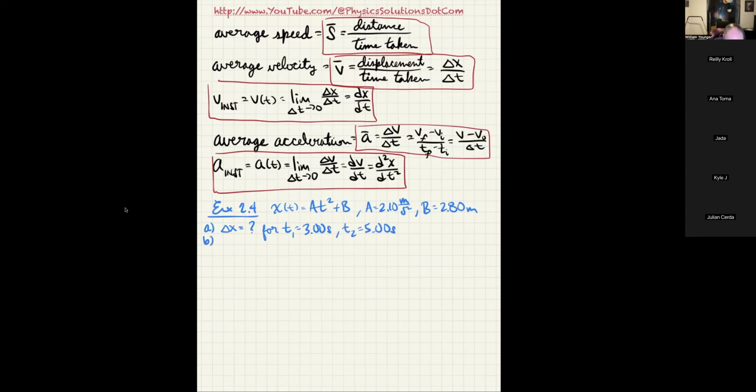Part B, they want us to calculate the average velocity during that time interval. So we're going to say v bar is equal to question mark. And then part C, they want to determine the magnitude of the instantaneous velocity at t equals 5 seconds. So they want specifically v instantaneous, which I'm going to write v of 5.00 seconds. That's what they're wanting there.